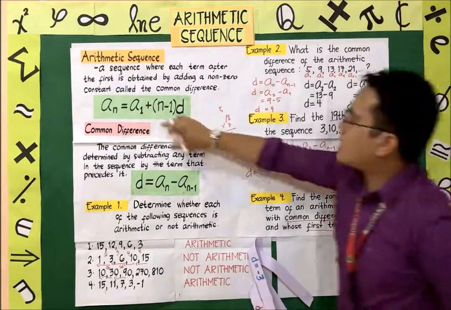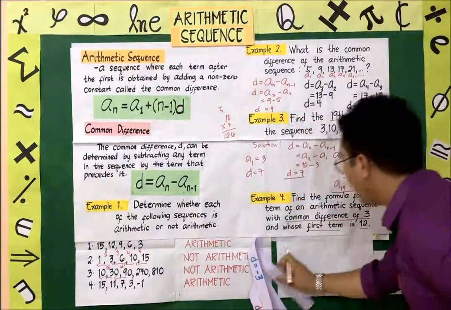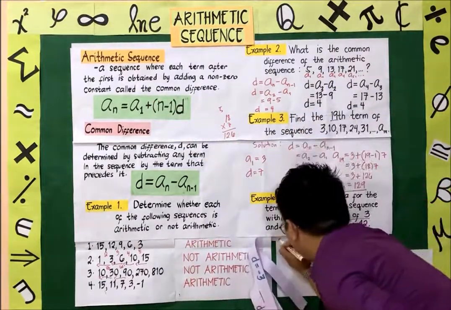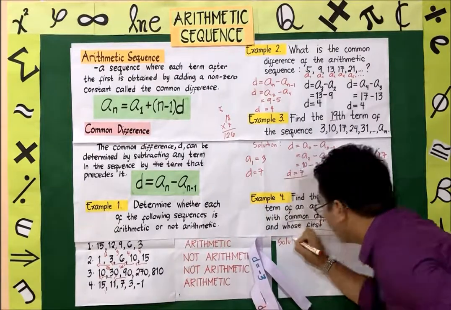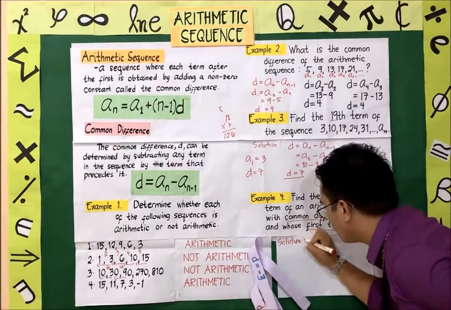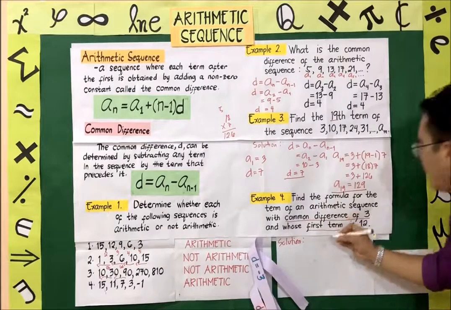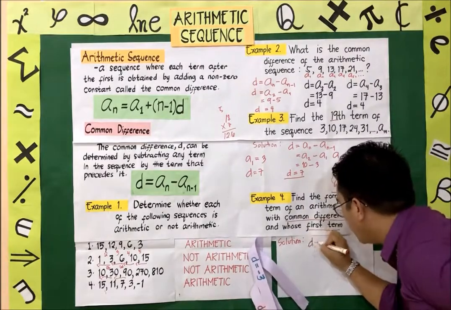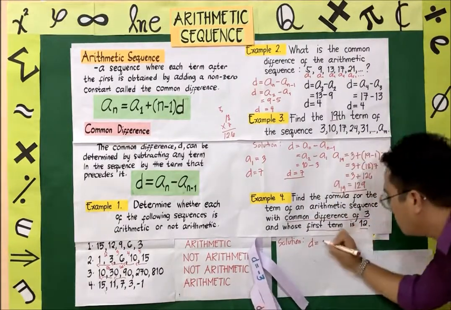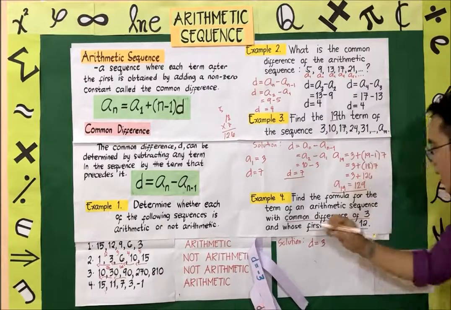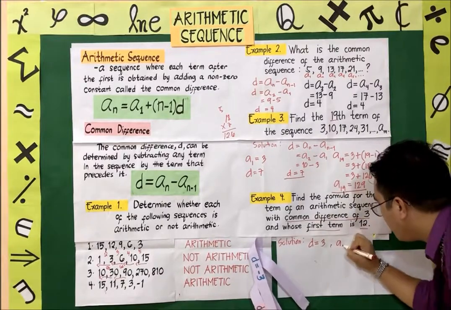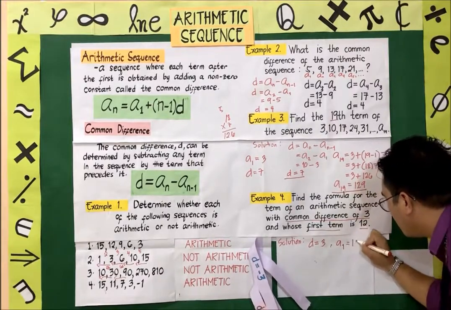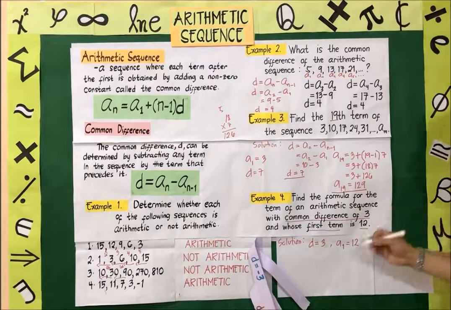So gagamitin lang natin ito since given naman, di ba? So our given common difference, D is equal to 3, and the first term is equal to 12. We're going to find the formula.